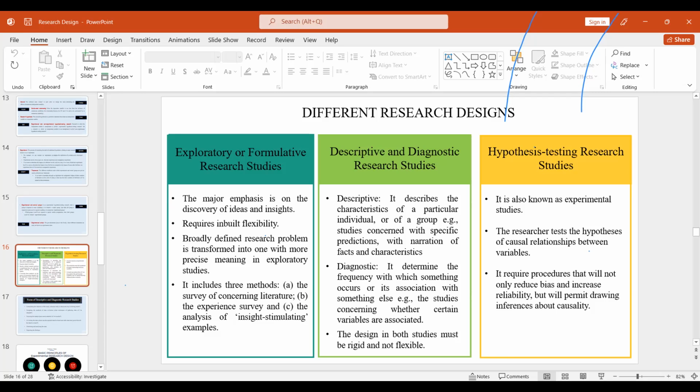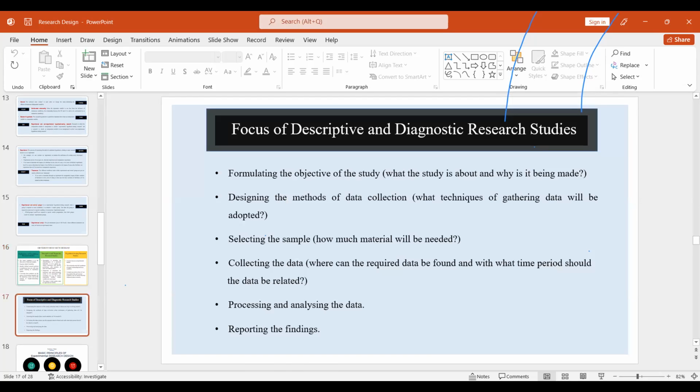What techniques of gathering data will be adopted? Third, selecting the sample: how much material will be needed? Fourth, collecting the data. Where can the required data be found, and with what time period should the data be related? Next, processing and analyzing the data. And the last point is reporting the findings.